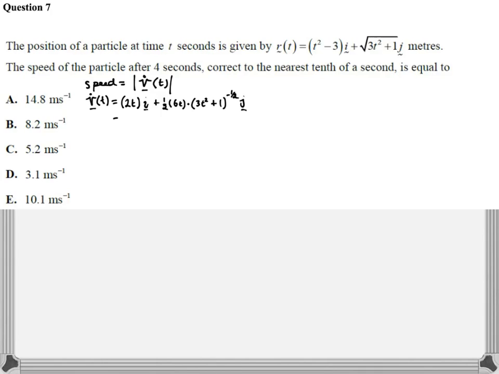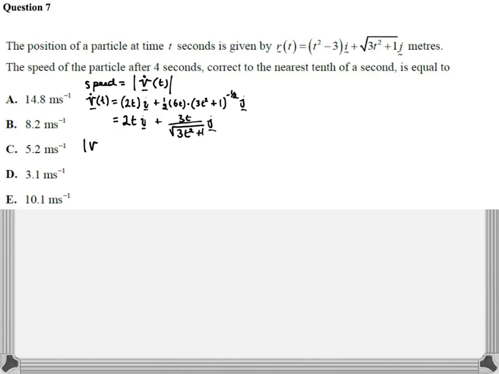Now it becomes negative a half with the function on the inside, and we've just got the power that comes out the front, the half. Now, just simplifying that, there's your vector function for velocity.